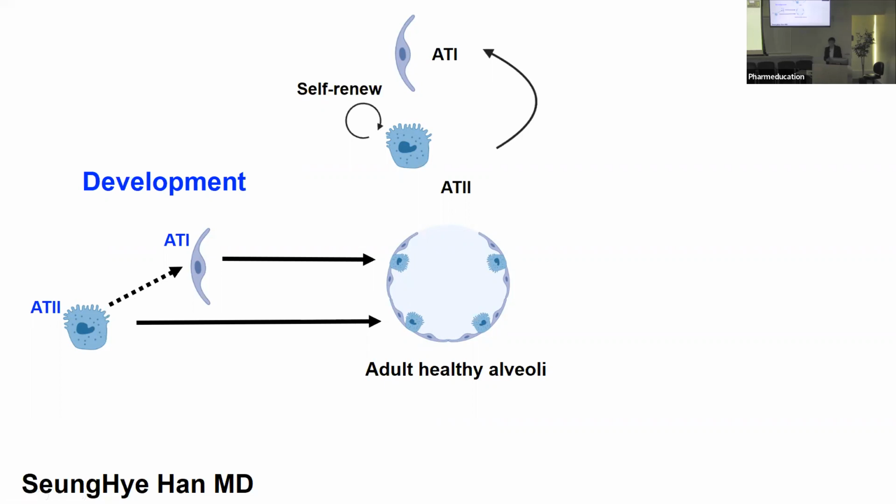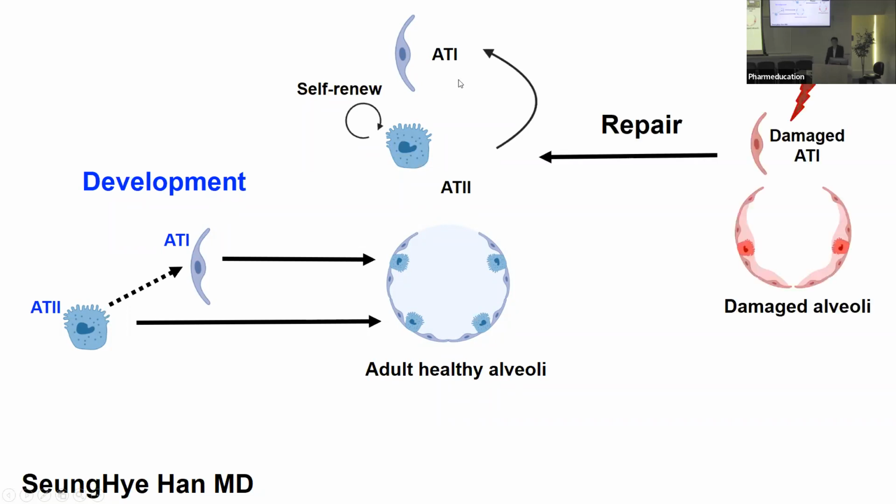Of course, there are many other cell types in there, including endothelium to bring in the blood vasculature. And in steady state, during a lifetime, the type 2 cells can serve as a reservoir, they self-renew, and they can make type 1 cells, like a stem or progenitor pool. What ends up happening is that things like SARS-CoV-2, influenza, asbestos will damage the type 1 cells.